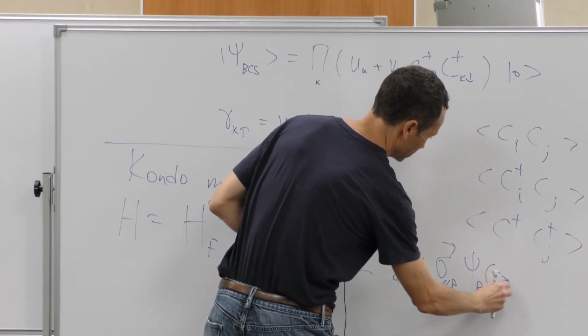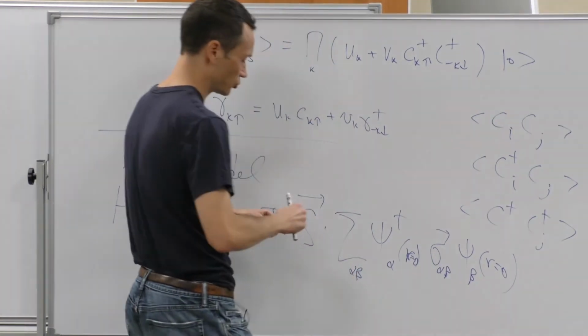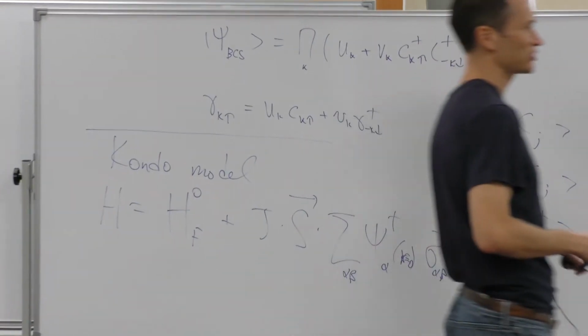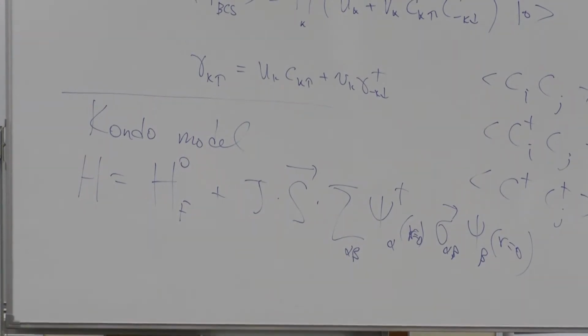So it's really just a local exchange interaction between itinerant electrons and a localized spin.